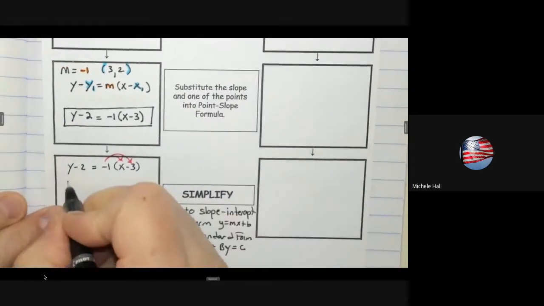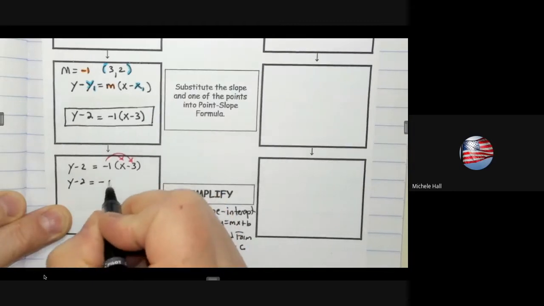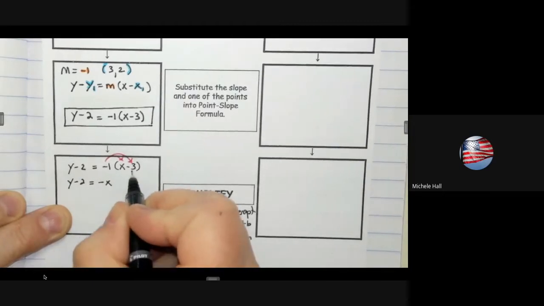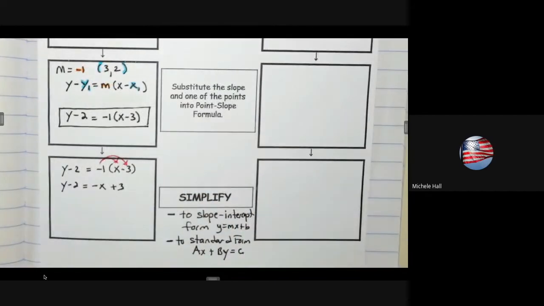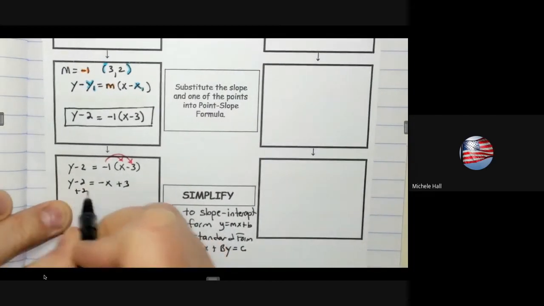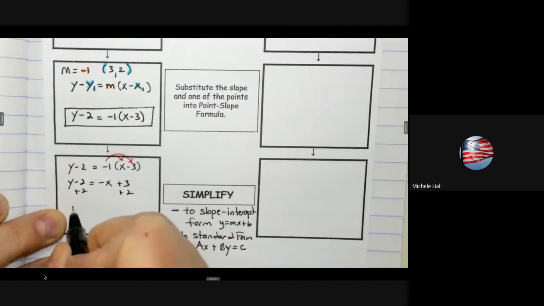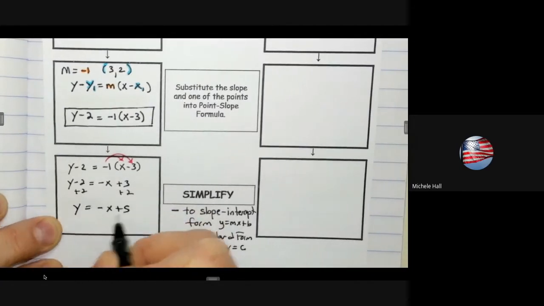So we have y minus 2 equals -1 times x, and -1 times -3 is positive 3. The last thing that we need to do to put it into slope-intercept form is to get y by itself. So if I add 2 to both sides, we get that y equals -x plus 5.